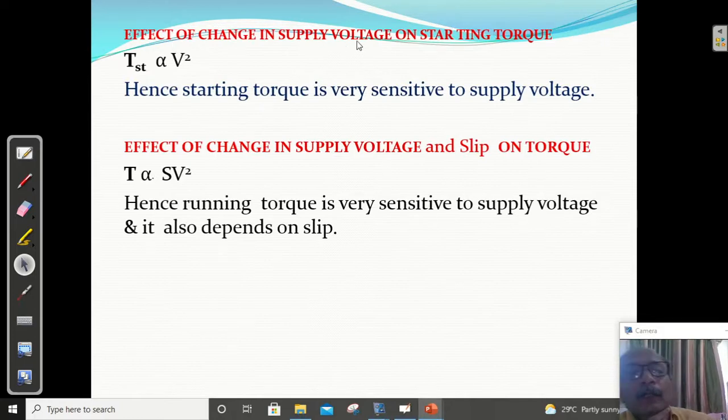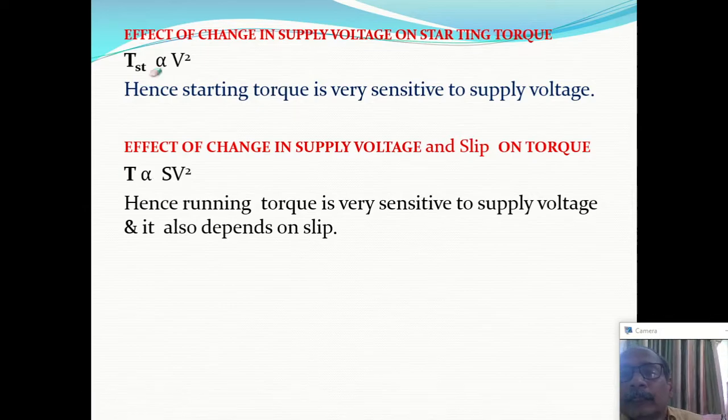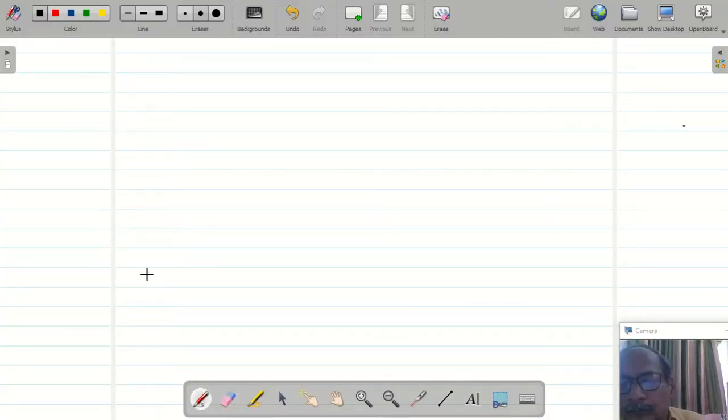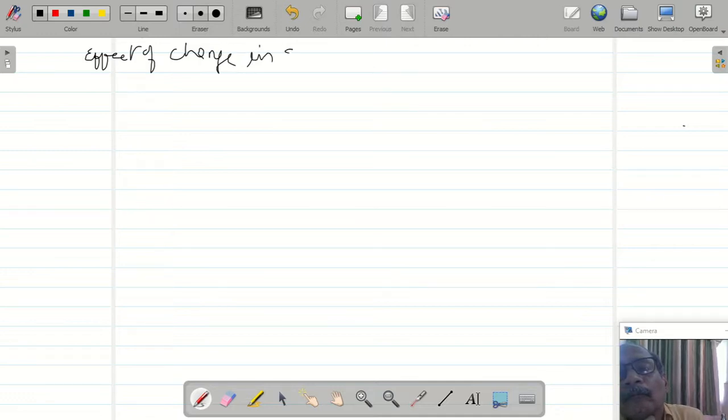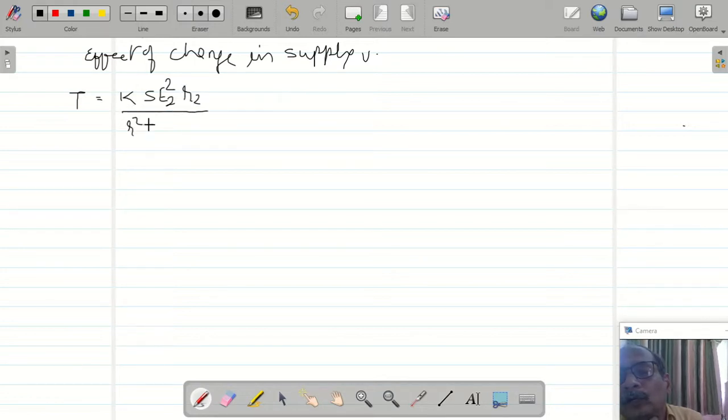Effect of change in supply voltage on starting torque. Okay, so first of all I want to discuss this effect of change in supply voltage. Since we know torque equals one constant K S E2 square R2 upon R2 square plus S X2 square.